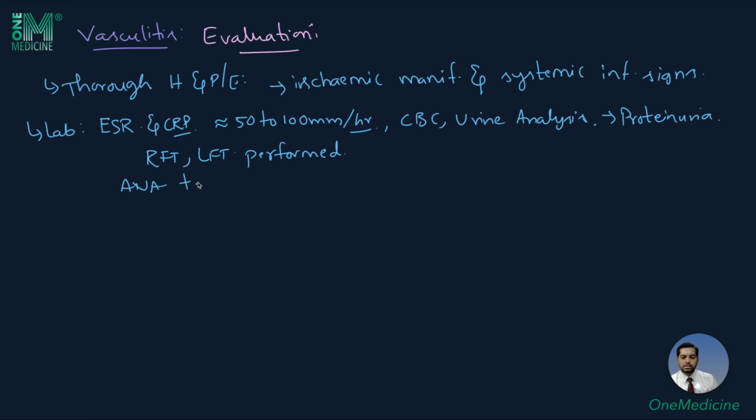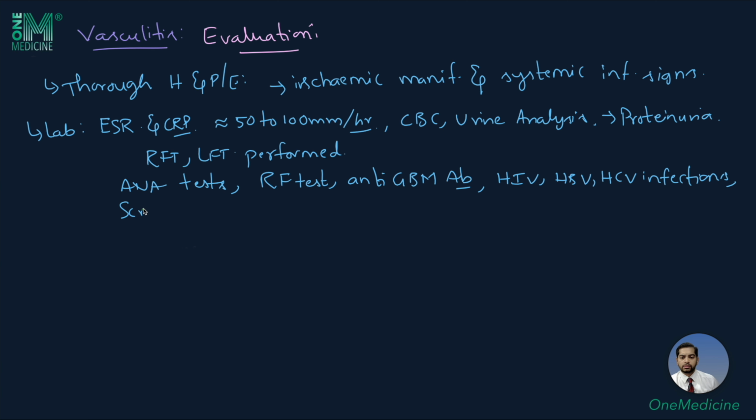Antinuclear antibody tests, rheumatoid factor test, anti-glomerular basement membrane antibody test, screening for HIV, hepatitis B virus and hepatitis C virus infections, and screening for underlying malignancies need to be performed. In evaluation of vasculitis, an important test, anti-neutrophilic cytoplasmic antibody or ANCA, is utilized to diagnose vasculitis.